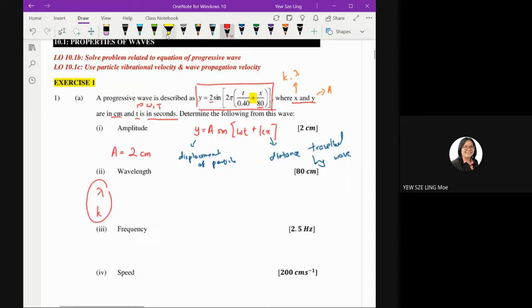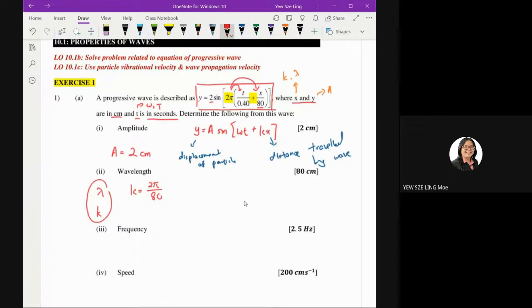One thing you have to be extra careful about: the equation given puts 2 pi outside the bracket. What does it mean? Actually, this 2 pi should be included in the omega, and it should also be included in your k. So by comparison, k is not equal to 1 over 80, but it is equal to 2 pi over 80.